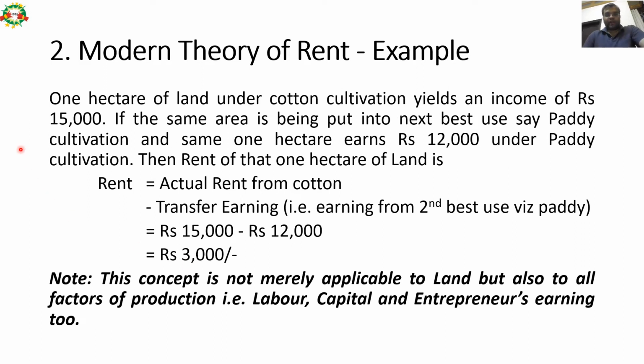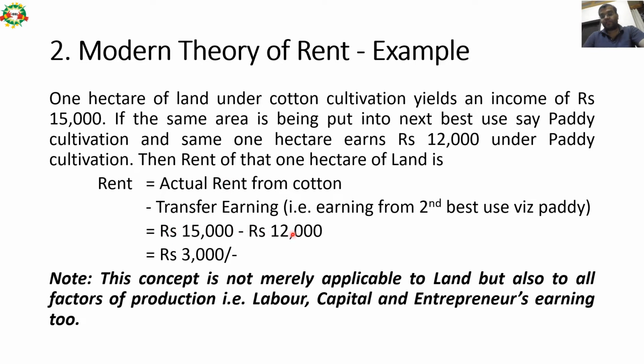Let us say 1 hectare of land under cotton cultivation yields an income of, say, 15,000 rupees. If the same area is put into its next best use, say paddy cultivation, and the same 1 hectare can earn 12,000 rupees under paddy cultivation, which is the second best use, then the rent of that 1 hectare of land is equal to actual earning from cotton minus transfer earning.